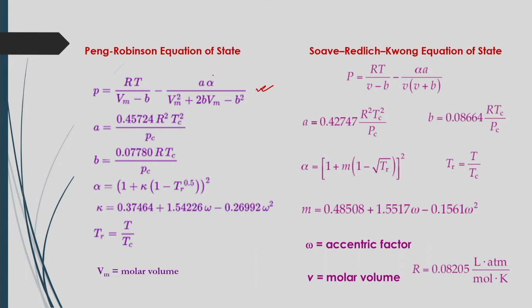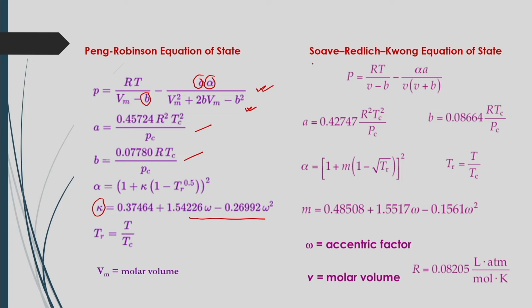Again there are some factors: a, alpha and b. The alpha value depends on the eccentric factor, also called the acentric factor. There is another factor denoted K, which also depends on the eccentric factor, and the coefficients a and b depend on the critical temperature and pressure, and Vm is the molar volume. Based on this equation also you can calculate the pressure.